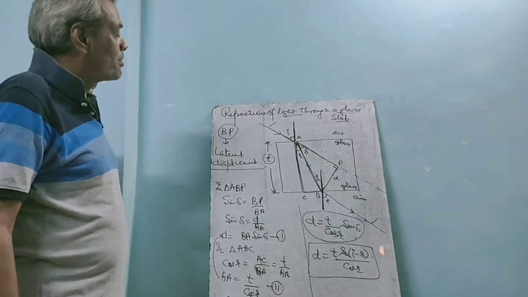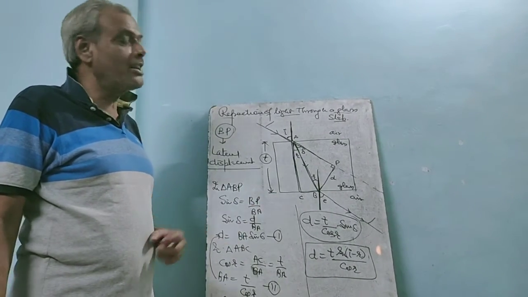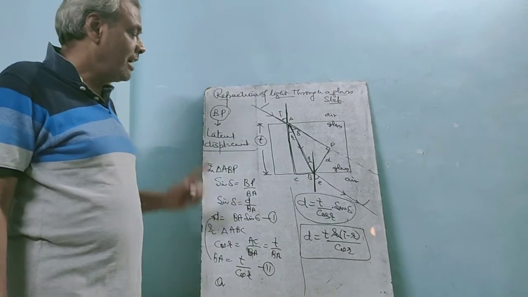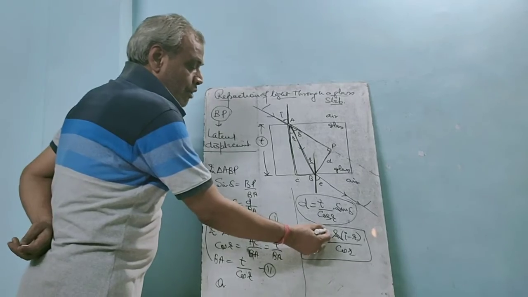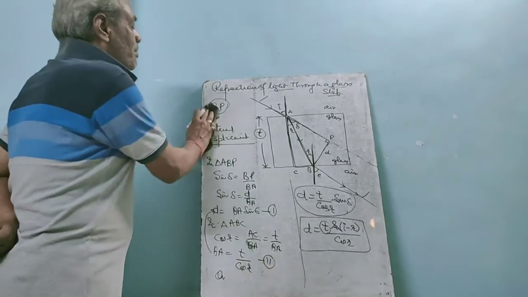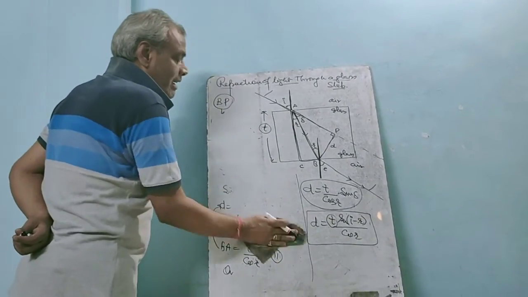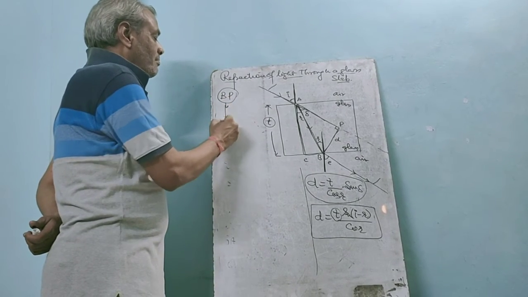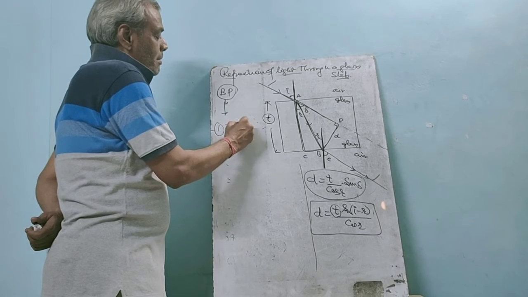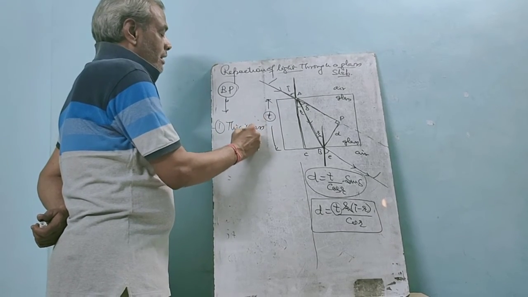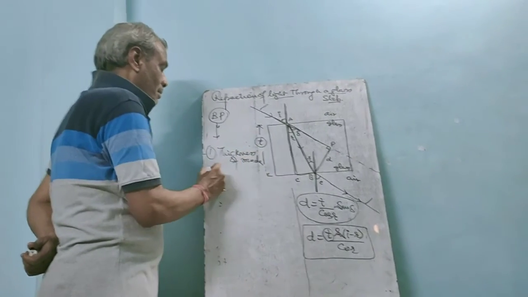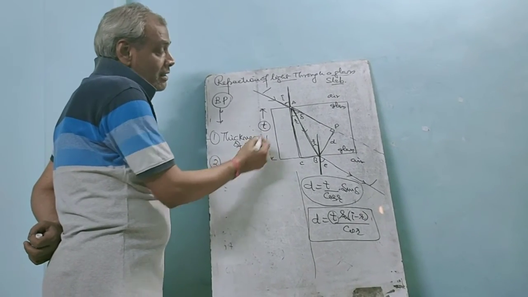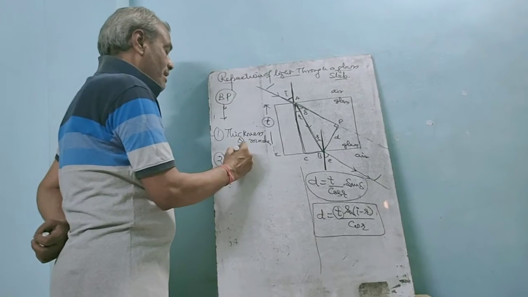You know the lateral displacement of the emergent ray produced by a glass slab depends upon, number one, what? The thickness of the glass slab. Number two, the angle of incidence.